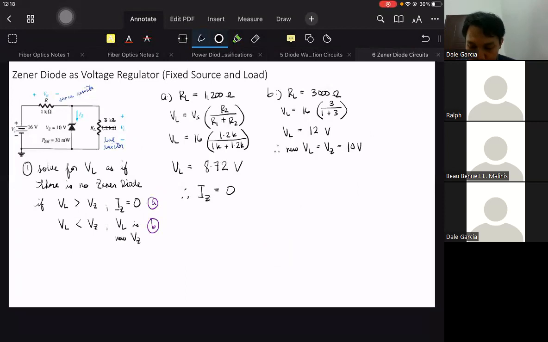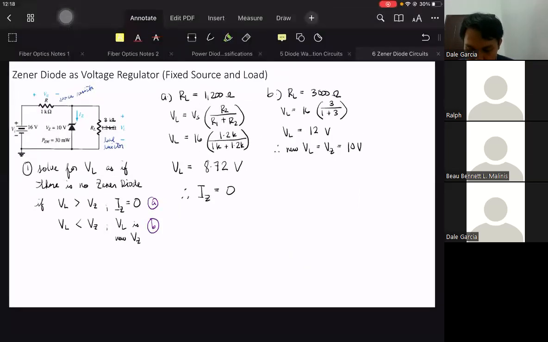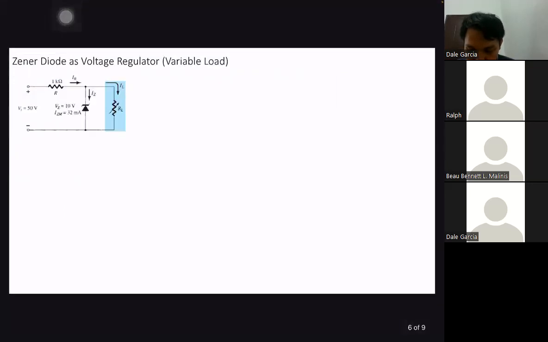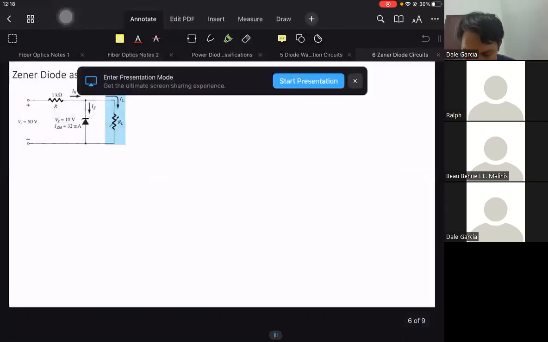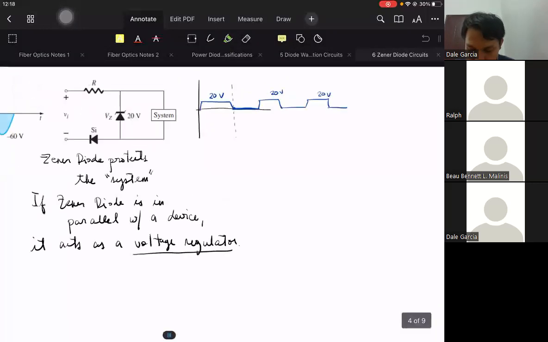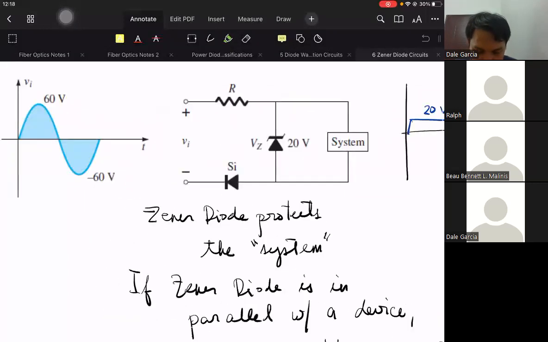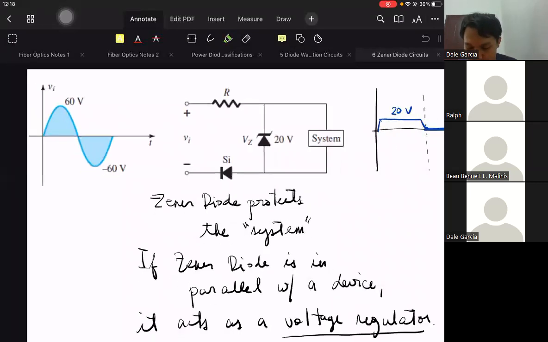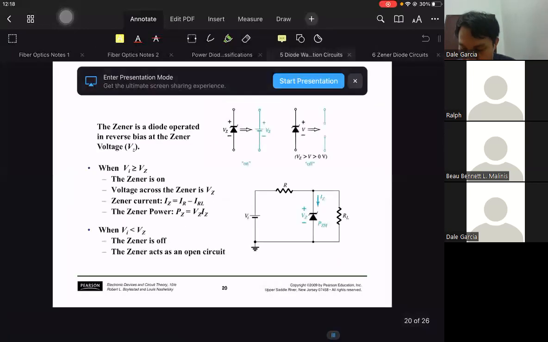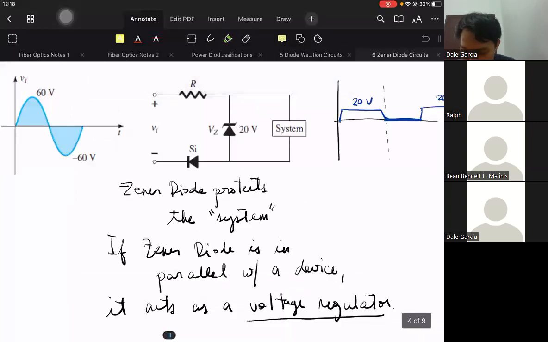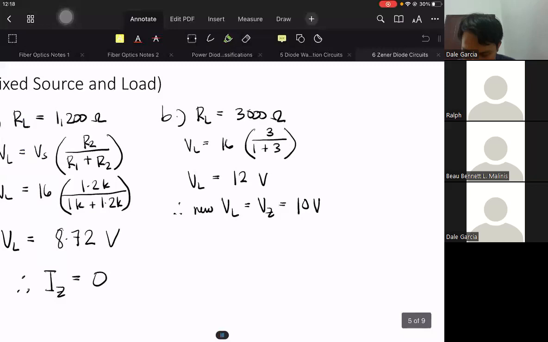So even if the source increases to 21, 22, 23, up to 30, 40, 50, 60, it doesn't matter, because the Zener diode holds it constant. The voltage across the load or across the system is constant. So VL is now 10 volts.